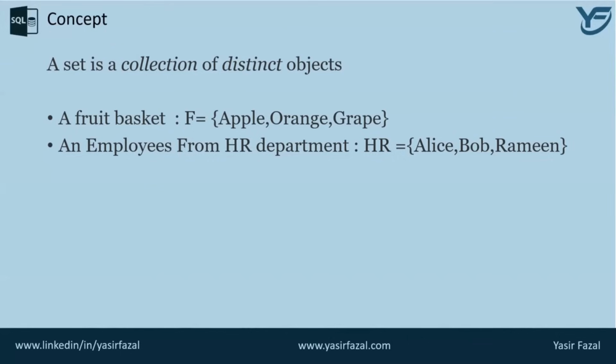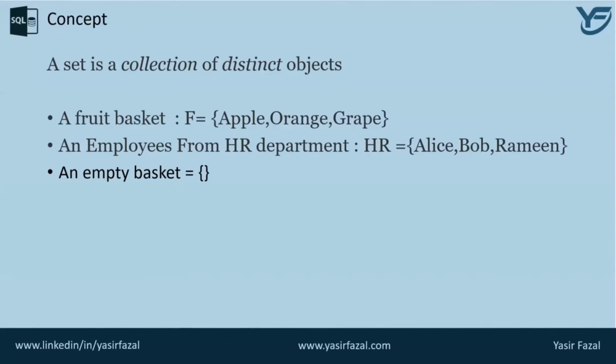When I was defining the set, I also informed you that a set may also contain other sets. It also means a set may contain emptiness as well. When I talk about the emptiness of the set, that is also possible.